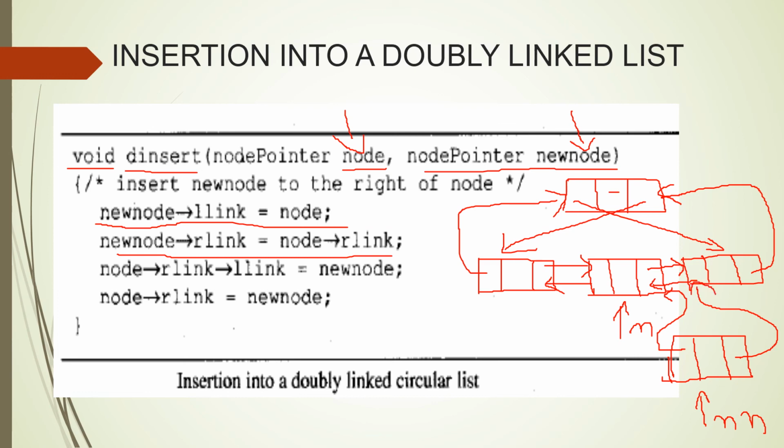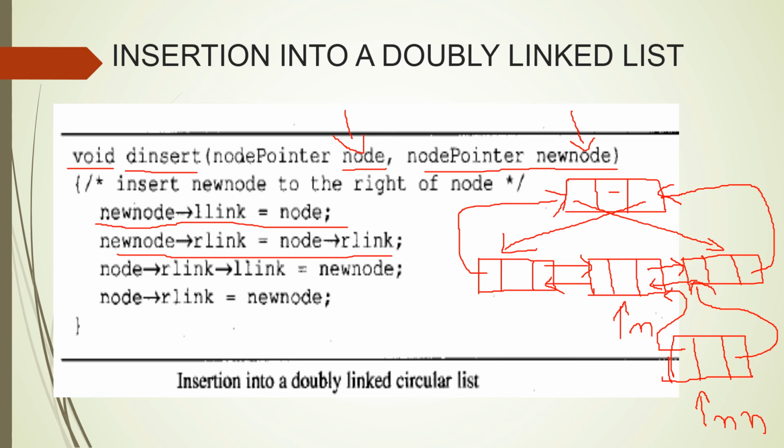Then after that you have to remove these two links, and this new node becomes the next node to the node. At this point this node is still the next node to the node, but you have to insert the new node as the next of the node. So you have to store the address of the new node in the right link field of the node and in the left link field of this node.